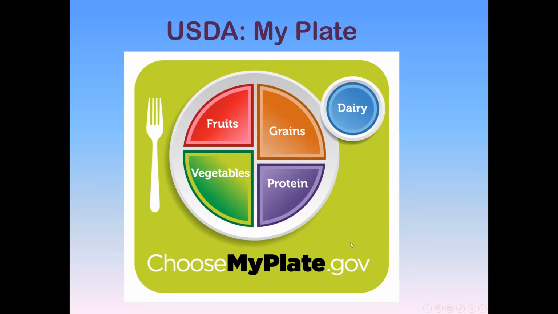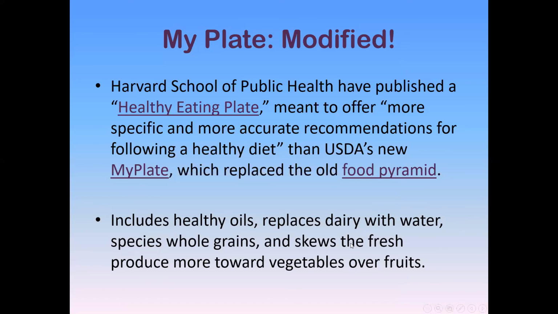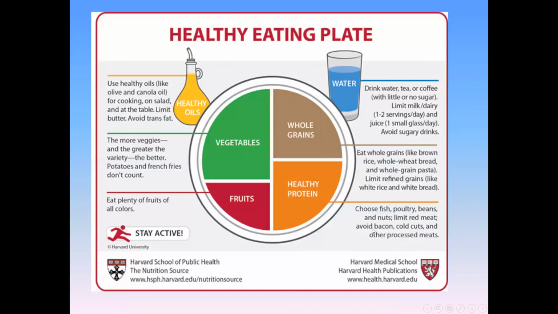But also the Harvard School of Public Health published something called the Healthy Eating Plate, which is a modified version of MyPlate. And they focused more on explaining that portions should come from healthy oils, limited red meat, and here they say maybe it's not very important to drink milk all the time.